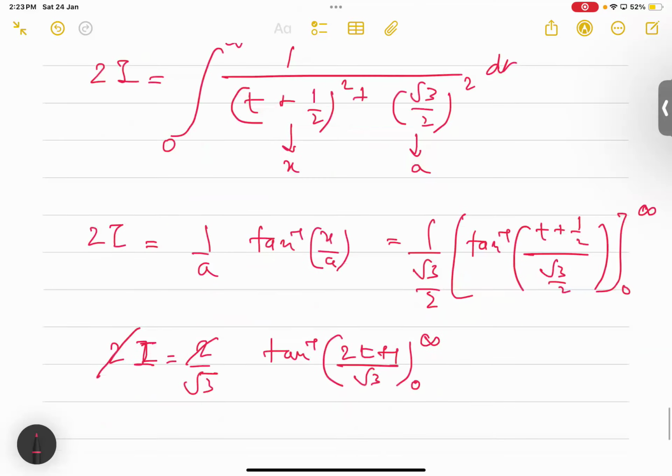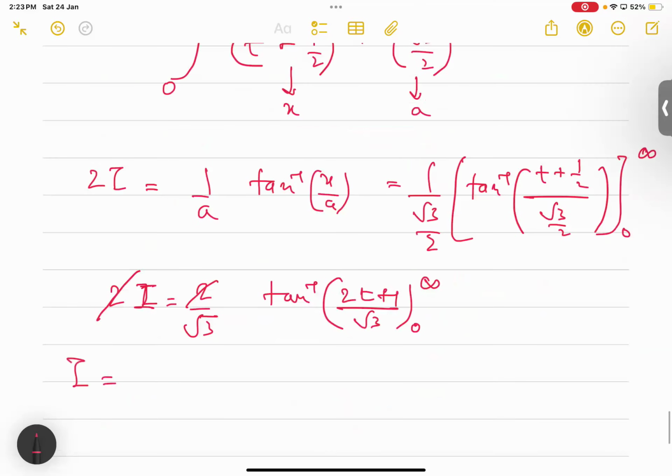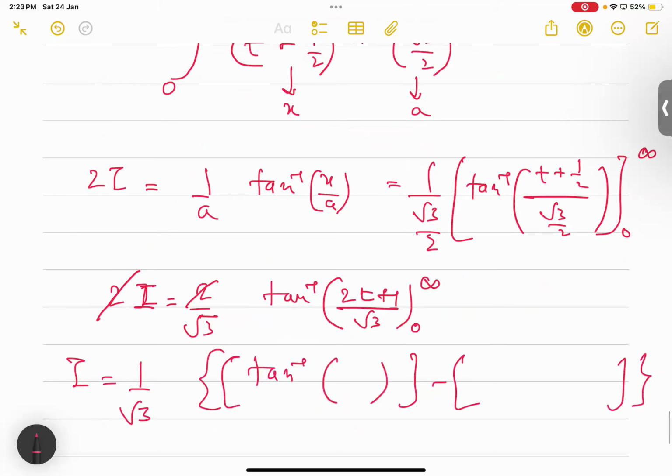Fine. Now, box minus box. Tan inverse of 2 into infinity plus 1, so this will be not defined, it is pi by 2.